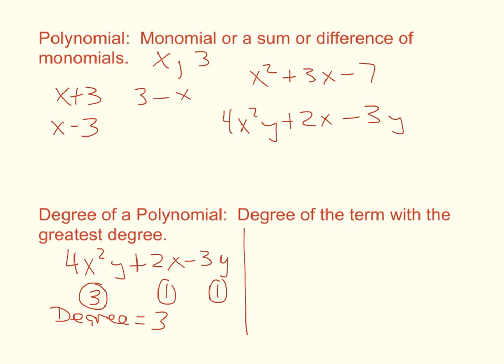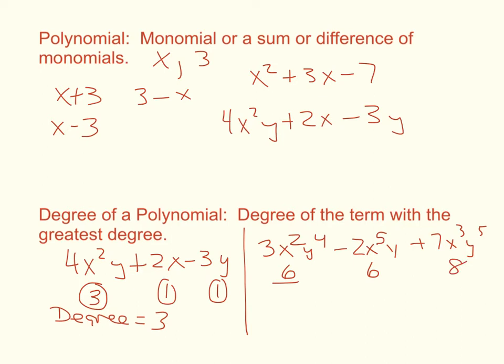Let's look at another one. 3x squared y to the fourth minus 2x to the fifth y plus 7x cubed y to the fifth. We look at each one of those. Each one of those is a monomial on its own. Find the degree of each. 2 and 4, degree is 6. 5 and 1, degree is 6. 3 and 5, degree is 8.